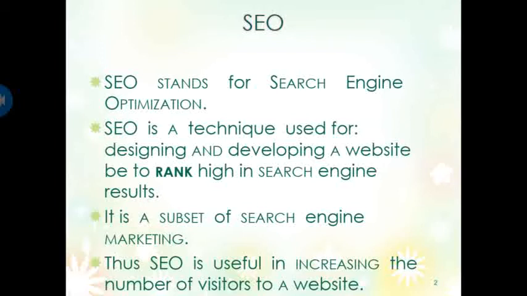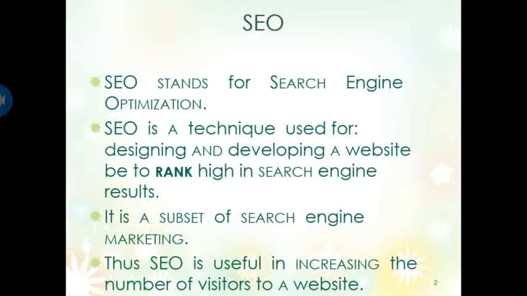The main aim of search engine optimization is that it is a process of getting traffic from the free or organic natural search results on the search engines. The full form of SEO is search engine optimization.